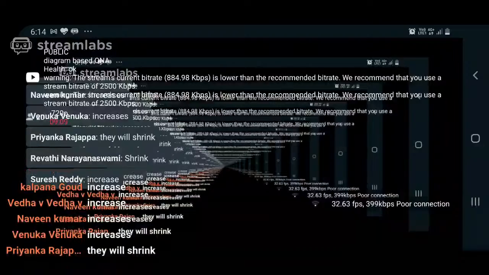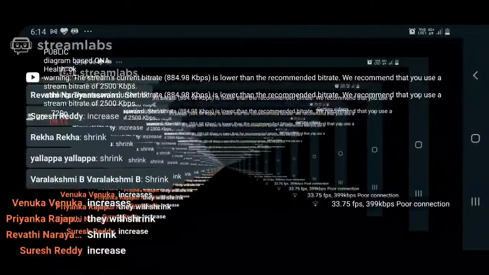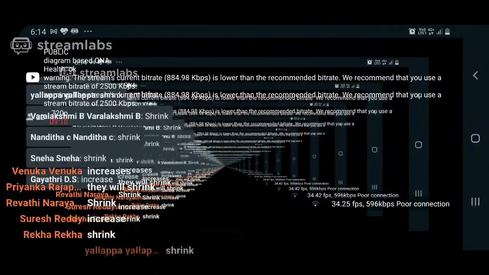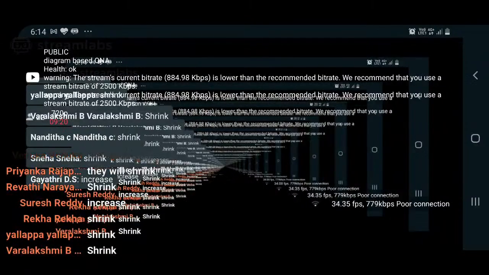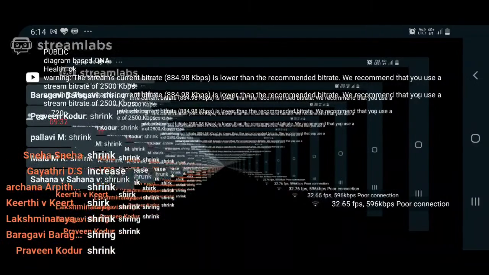Okay, they will shrink. Shrink is the correct answer, but what happens to the stomata, whether it closes or opens? Yes, Priyanka answered. It closes.